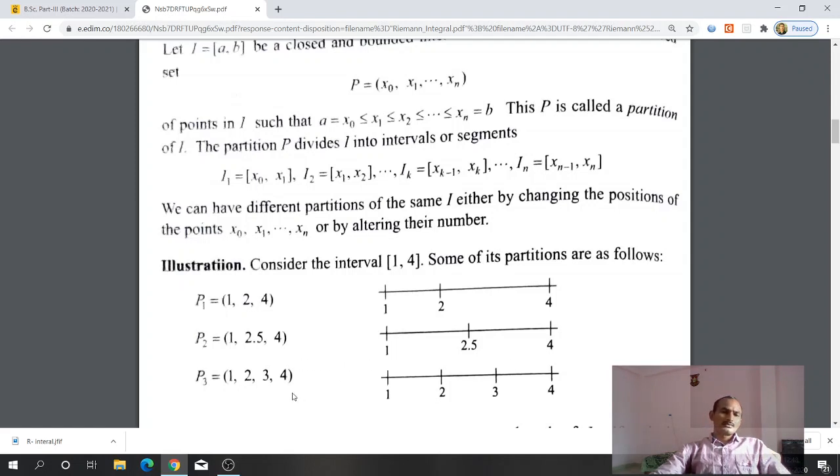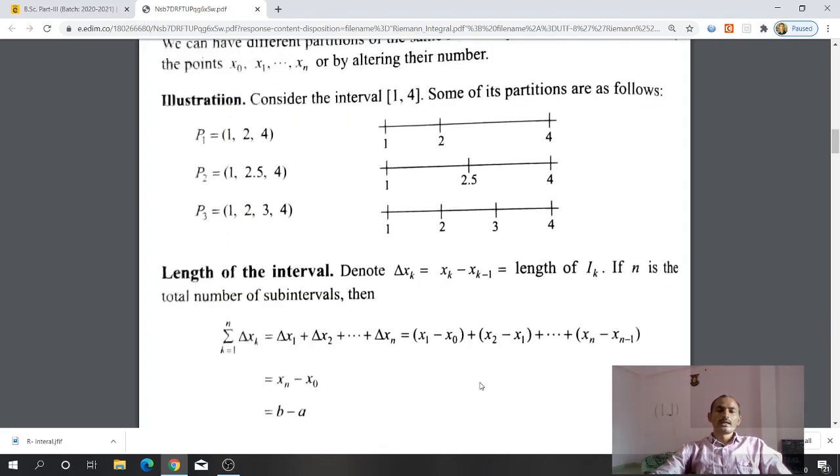And P3 is again a partition of the closed interval 1 to 4: 1 to 2, 2 to 3 and 3 to 4. There are three subintervals or segments. So these are three partitions for this closed interval 1 comma 4.